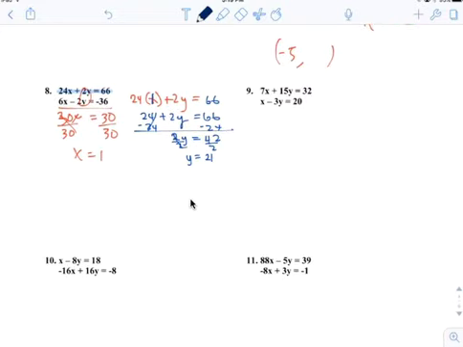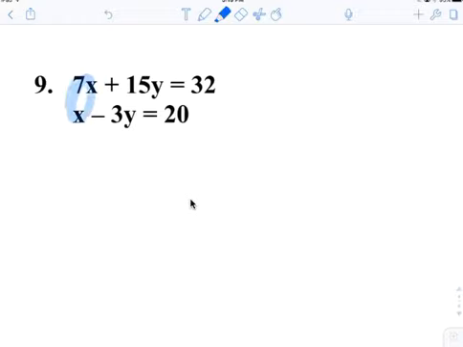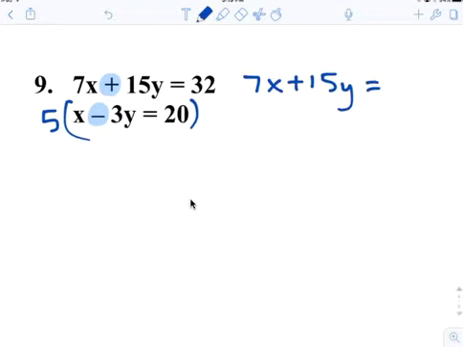Let's see, what other ones? Oh, number 9. You can get rid of the 7, but that's harder because you want to look for ones that are already a positive and a negative, okay? So you just multiply this one by 5 to make a -15. So the top one stays the same, equals 32.